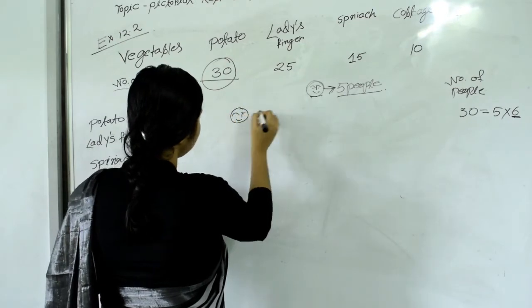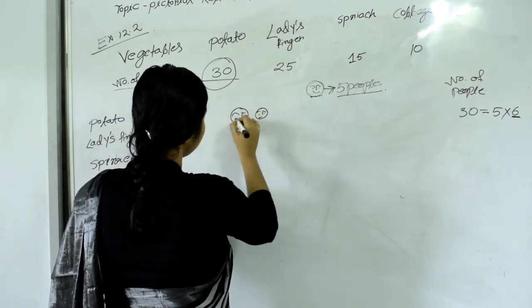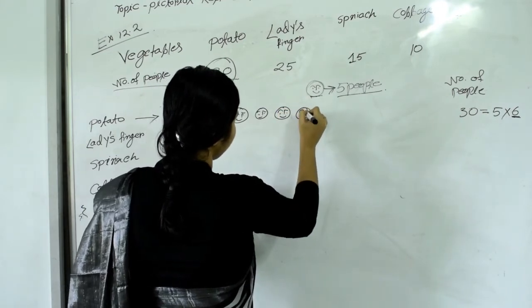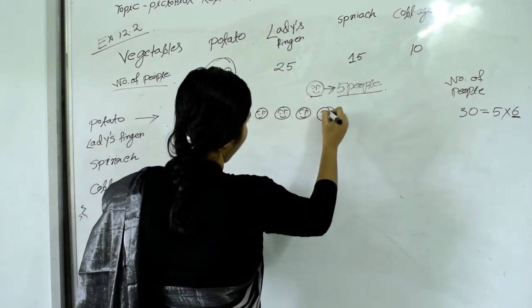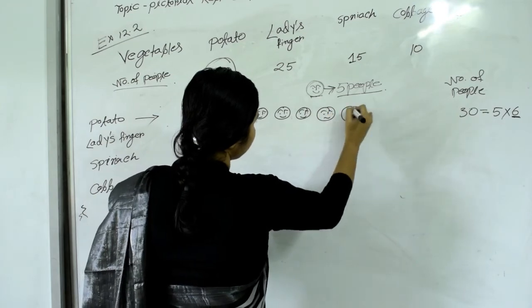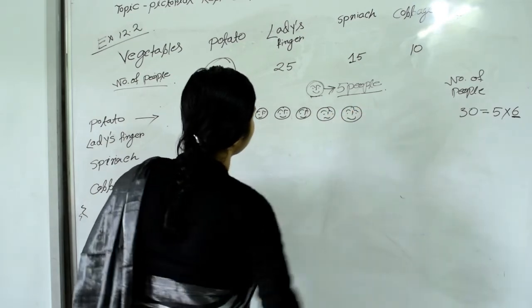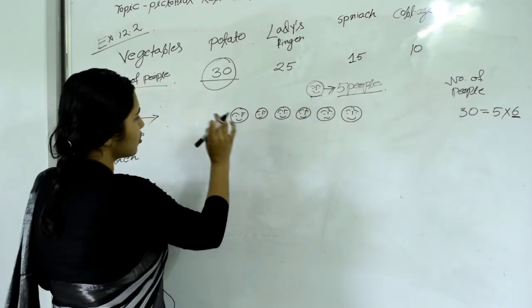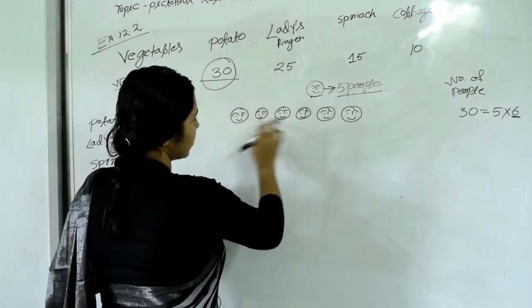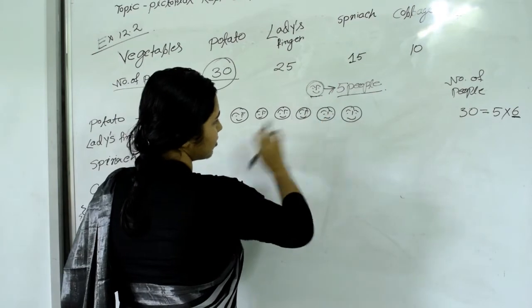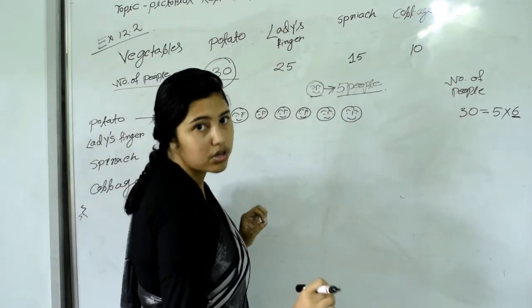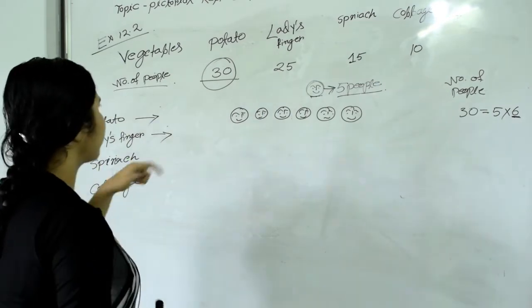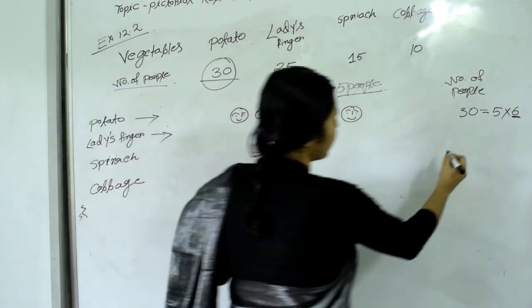So 1, 2, 3, 4, 5, 6. Now each face represents 5 pupils. So 5 plus 5 plus 5, 5 plus 5 plus 5 equals 30. Now next, lady's finger, 25 pupils.